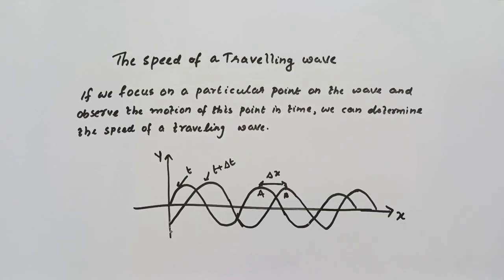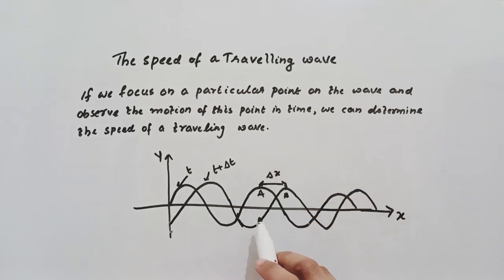Next topic, the speed of a travelling wave. If we focus on a particular point on the wave and observe the motion of this point in time, we can determine the speed of a travelling wave. Okay.